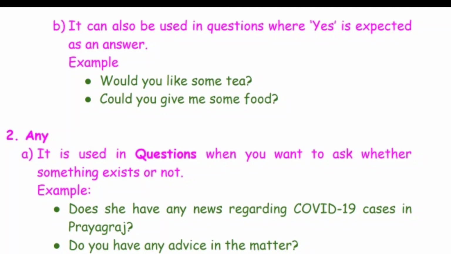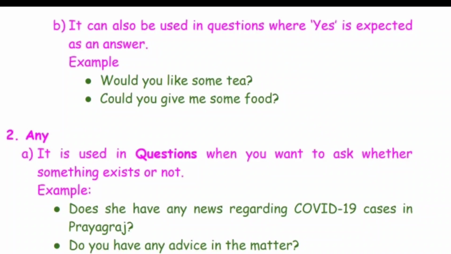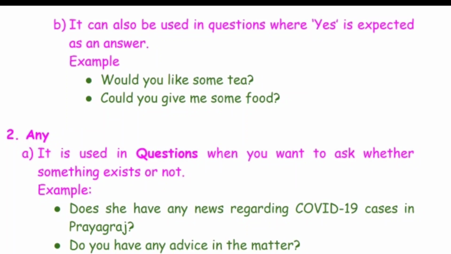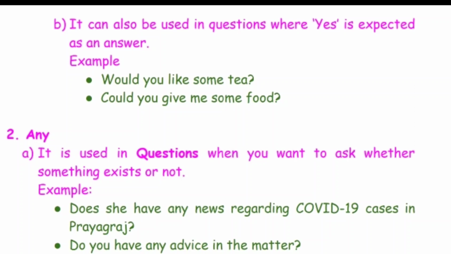Friends, we all know that at the present time our country, not only our country, the whole world is facing the coronavirus pandemic situation. So for that, one question has been made over here. Does she have any news regarding COVID-19 cases in Prayagraj? That is, the expectation is whether yes or no.